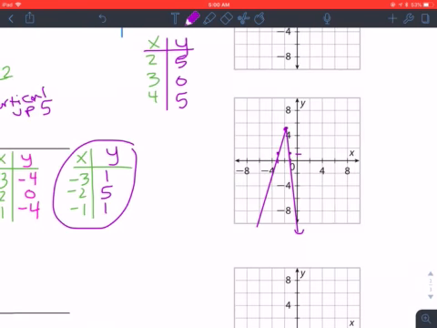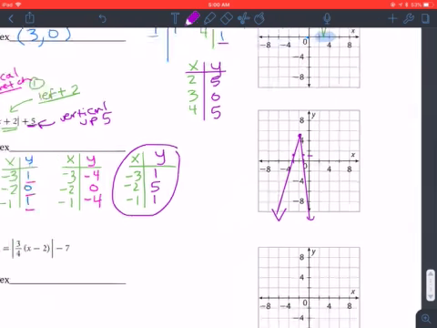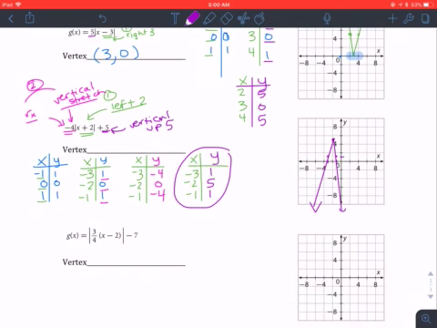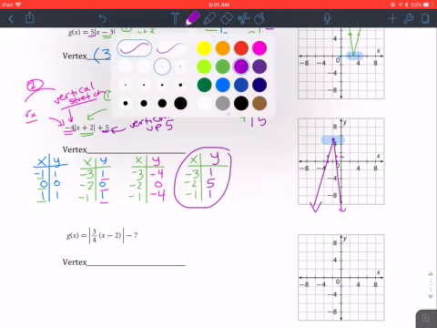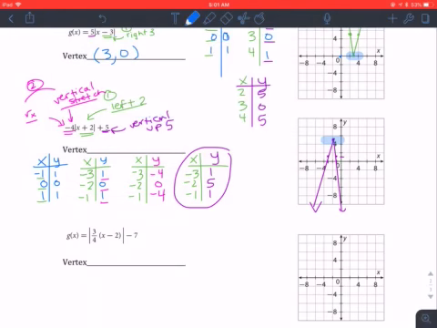And for now, just the 3 points is fine. So I can see that that is shifted to the left. It's vertically stretched, so it's skinnier, and then shifted up 5. My new vertex is right here, and that point is at -2, 5.